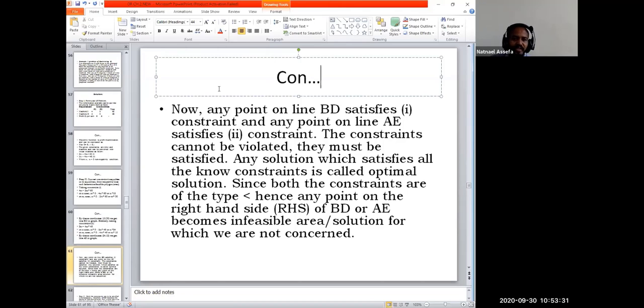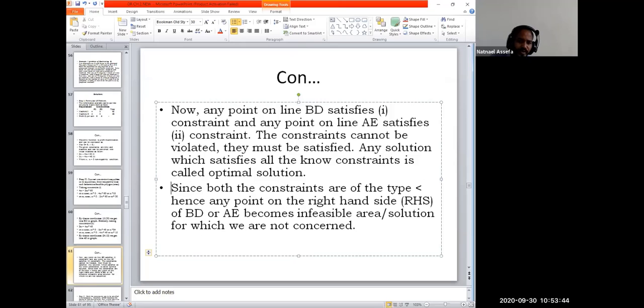Any solution which satisfies all the known constraints is called a feasible solution. Both the constraints are of the type less than or equal to, so any point on the right hand side, RHS, of BD or AE becomes an invisible area or solution for which we are not concerned.